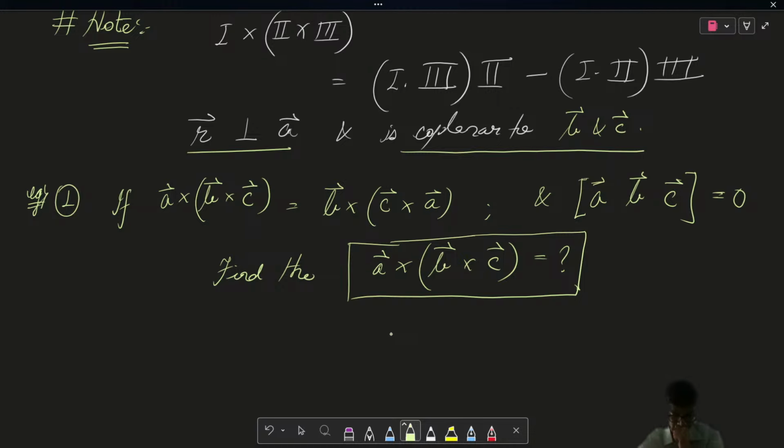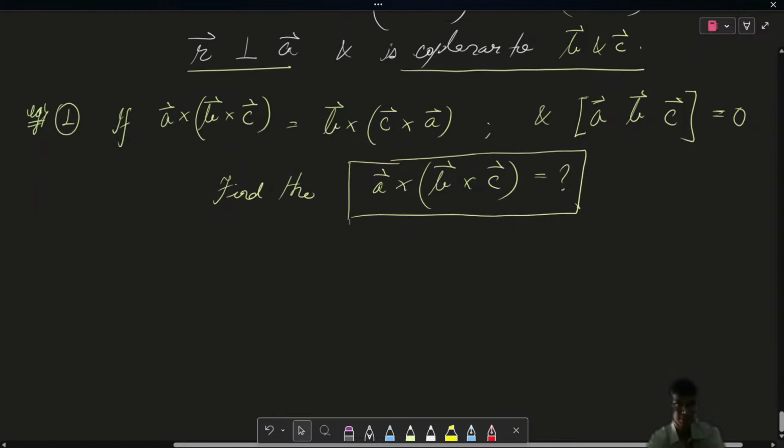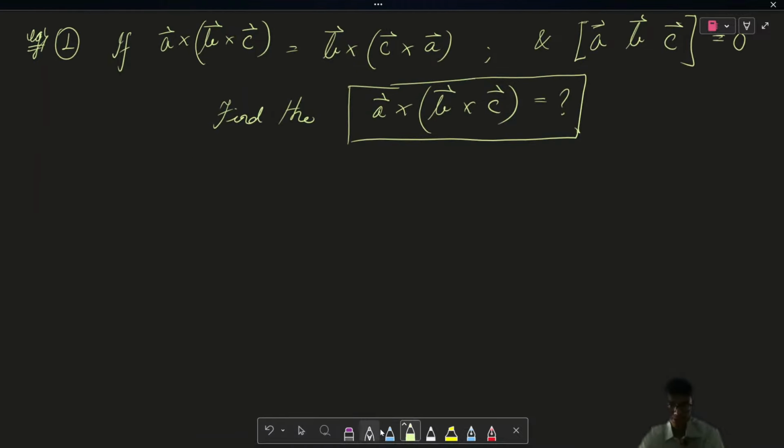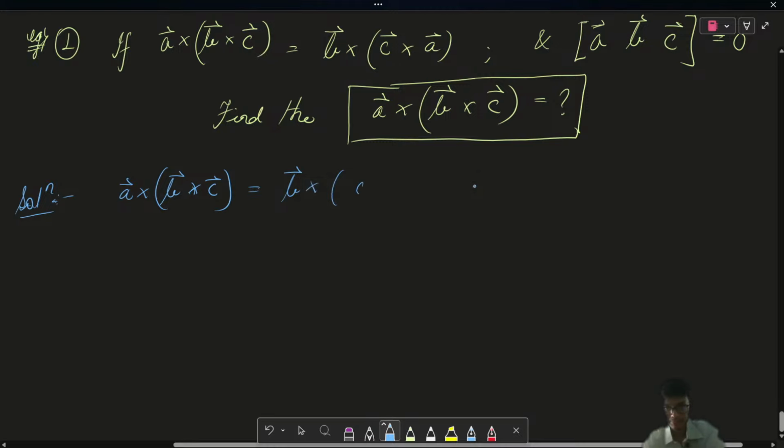Alright, so let's see how we can solve this problem. The problem says that the vector triple product A cross B cross C is equal to B vector cross C cross A. If I expand the relation on both sides, it is very simple.